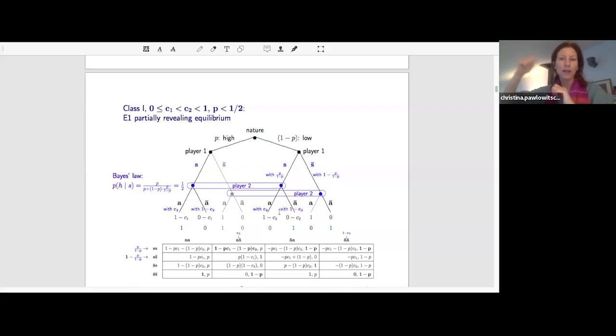So what the costly signal does here is it pushes the belief that player one is of the high type up to the critical value, and then player two accepts with a certain probability, which is such that the low type is indifferent between sending and not sending the signal.